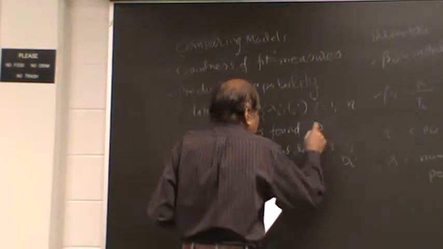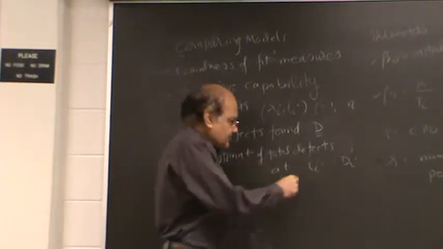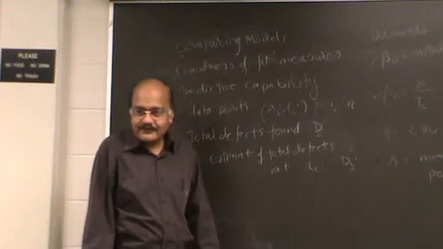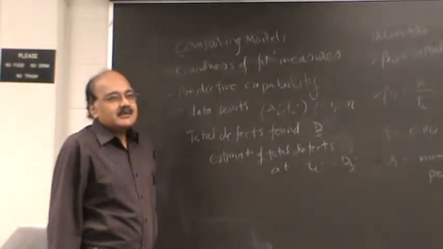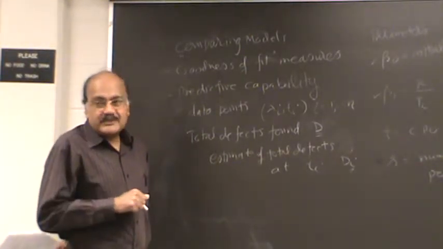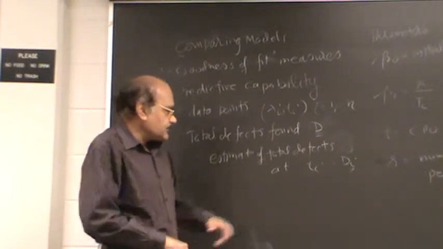So this is the real number, and this is your estimation. So at some point, time t sub i, you make a prediction, and this is your prediction.